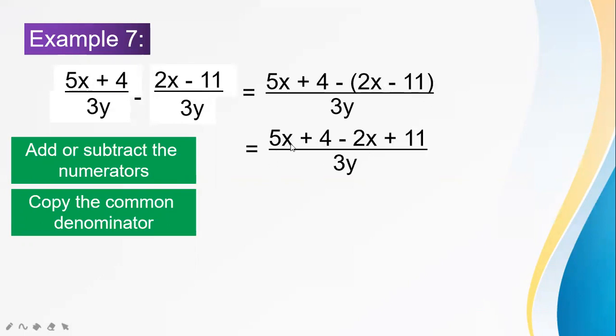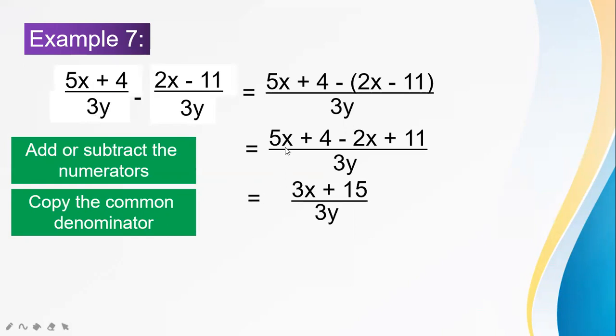So we have 5x plus 4, then negative 2x, negative multiplied by positive is negative. Then negative negative is positive. So we have 5x plus 4 minus 2x plus 11 over 3y. So copy the common denominator.